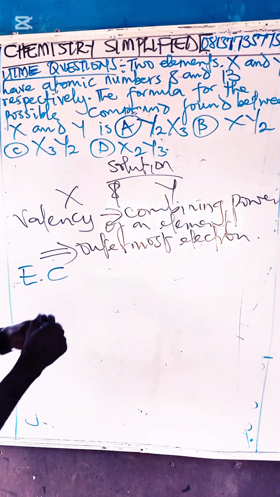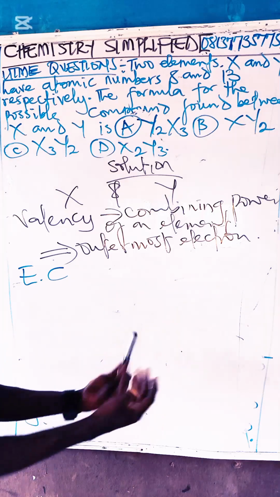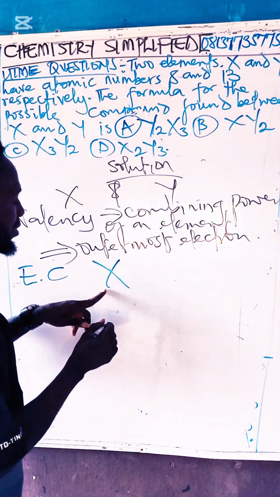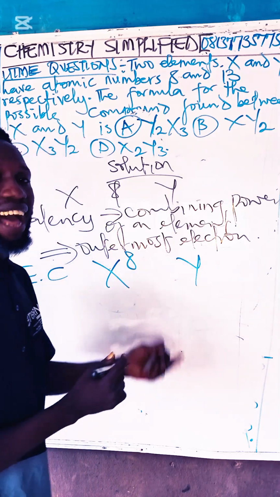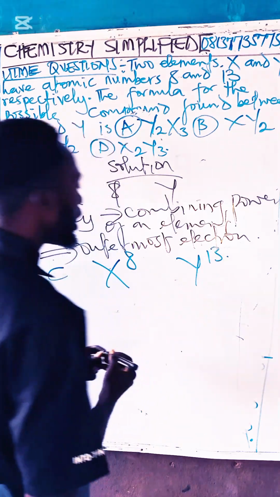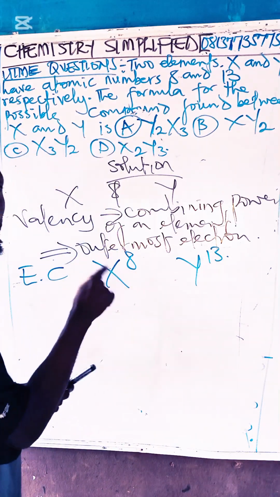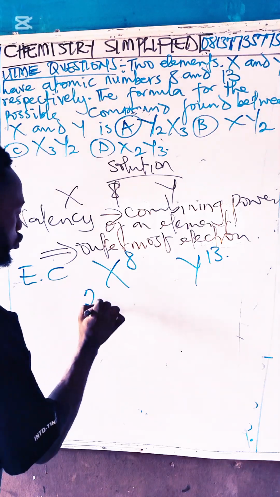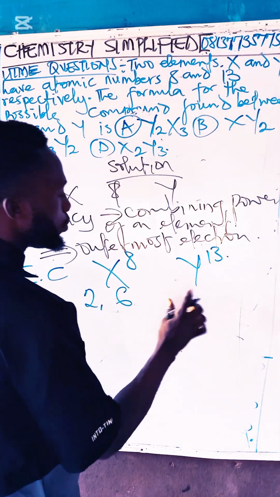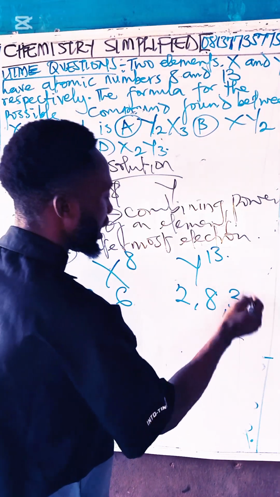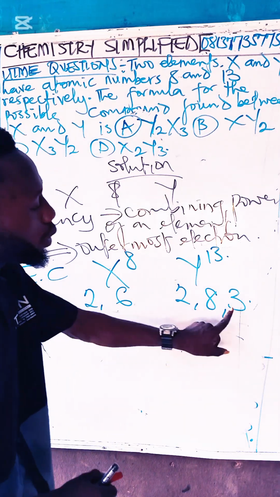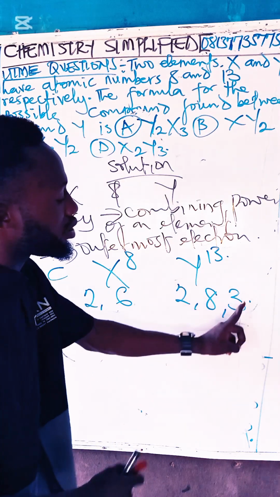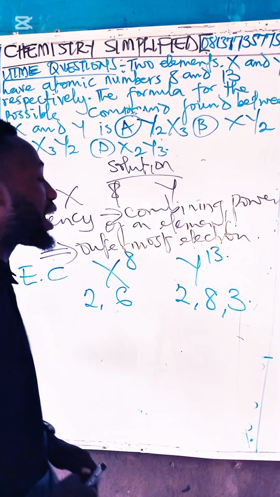Now, how are we going to know the electronic configuration of this particular element? They said element X has atomic number of 8 and Y has atomic number of 13. Therefore, the EC of element X will be 2, 6, and Y will be 2, 8, 3. Y is a metal that will lose this 3, and that is what it is going to use to combine with any other element.